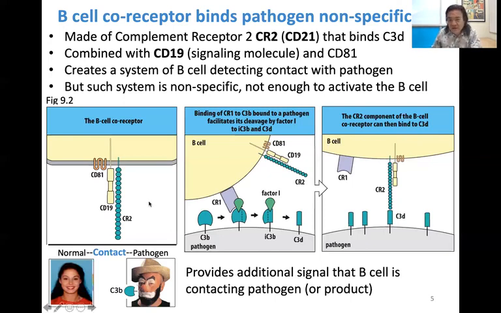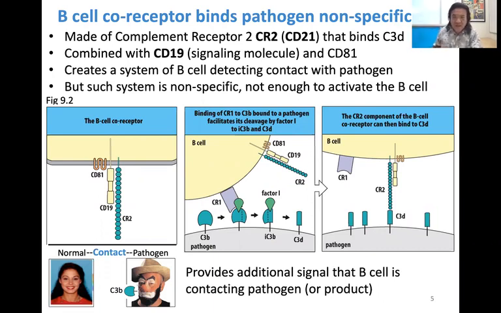So that involves other generic receptors on its surface, like complement receptor 2. Complement receptor 2, as the name implies, is a receptor on the surface of a B cell that can help detect complement proteins on the surface of some other cell. This CR2, which is represented in this blue chain here, is bundled up with a couple of other proteins, CD81 and CD19, and together they make a functional B cell co-receptor.